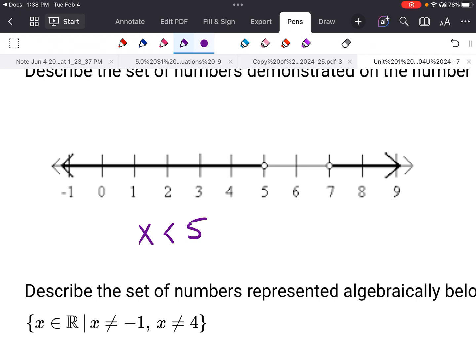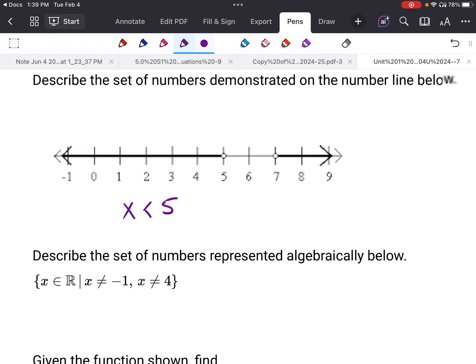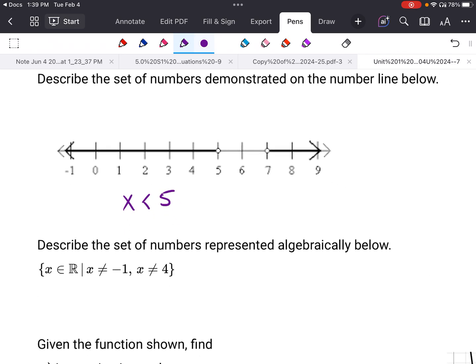It's an open circle. So that means it is x is less than 5, not x is less than or equal to 5. If it was filled in, we would need that equal sign as well. And then the second one also not an equal to, so it does not include 7, but x is bigger than 7.